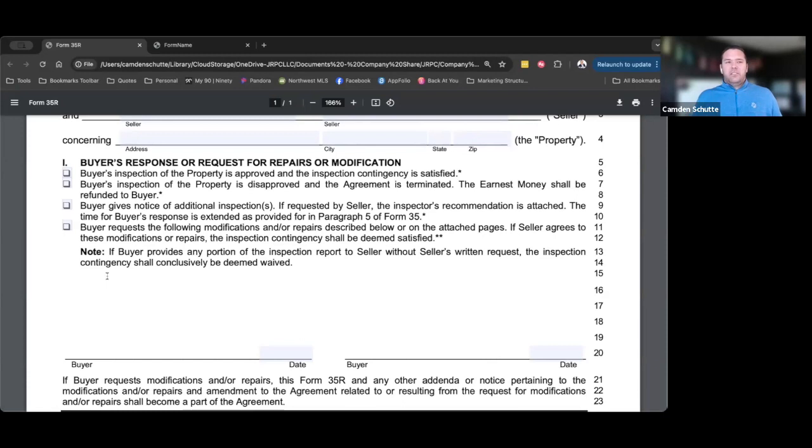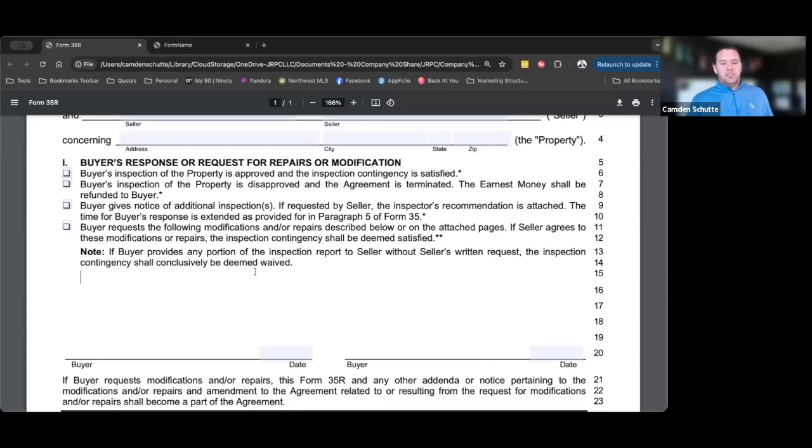So to break it down into some simple bullets of what we're looking for in the language: like we said, what does the buyer want to accomplish, their desired outcome? What task needs to be completed to achieve that outcome? Who's completing the task? And who's taking an action to get that task started?